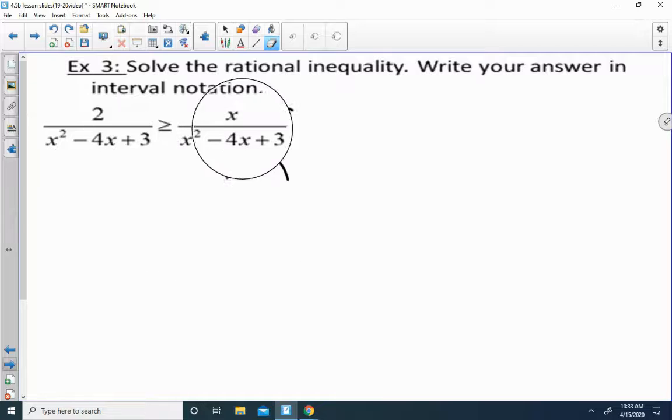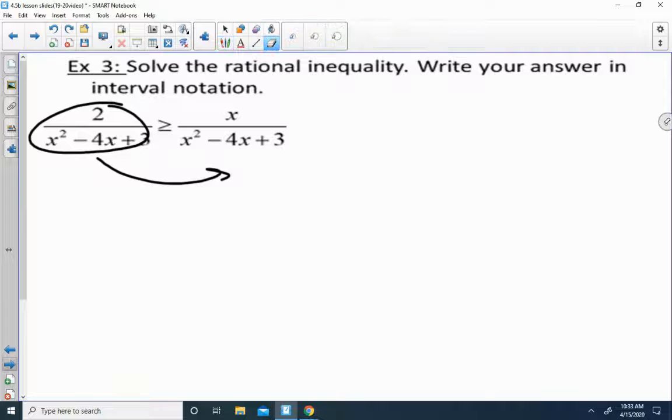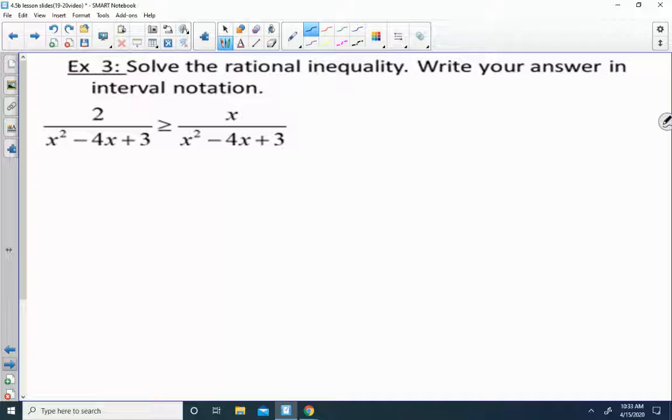And actually, for this case, it's going to look a little different from what we compared to, but trust me, what I'm about to do will make the problem a little bit easier. So this time, I'm going to take the left rational expression and move it over to the right, which means our 0 is going to be on the left side this time, which will be a little bit different, but trust me, it'll be okay.